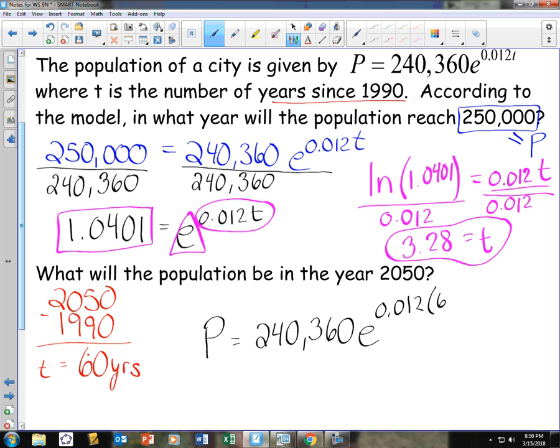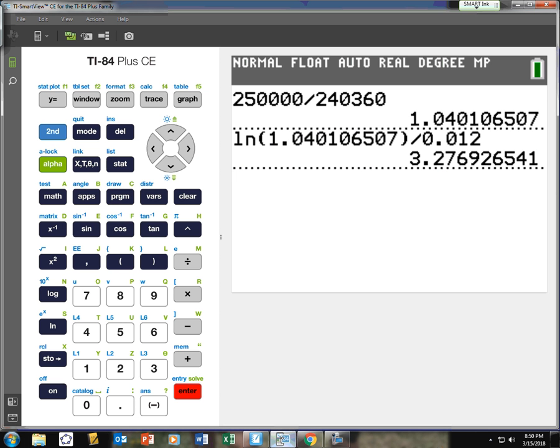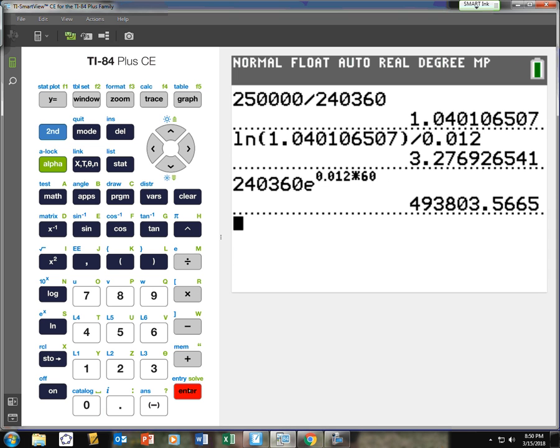Let's see if I can remember all those numbers when I switch to calculator mode. 240,360, e to the power of 0.012 times 60. All right. I think I did it. Let's see. Ooh, yeah. Okay. So our population in 2050 will be almost 500,000. So 493,803.